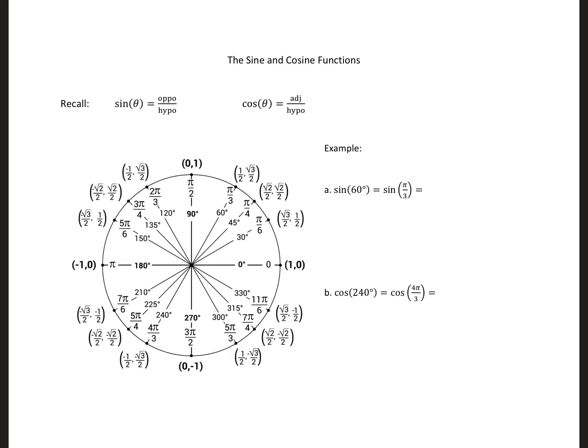In the unit circle, we discussed certain coordinates already, these four here in particular. You'll notice there are additional coordinates. These are the coordinates in the coordinate plane along the unit circle at those specific checkpoints for 30 degrees, 45 degrees, and so on and so on.